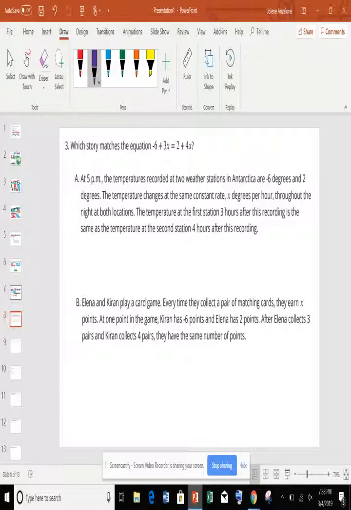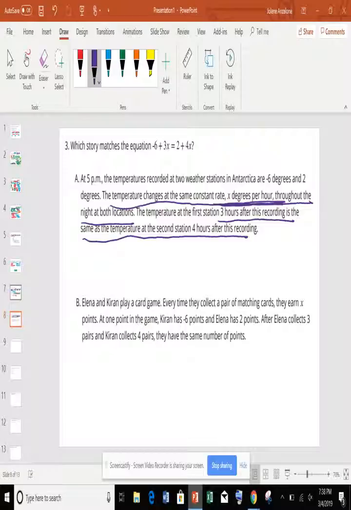Look at the variable and what the variable represents. So in A, a temperature change at the same constant rate, x degrees per hour throughout the night at both locations. The temperature at the first station 3 hours after this recording is the same as the temperature at the second station 4 hours after the recording. So them being the same and being equal is good.